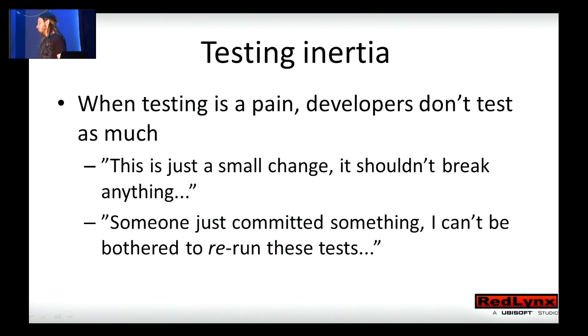So basically, people didn't test as much. They thought, it's just a small change, it cannot break anything, and they committed. And that creates a lot of problems in the end. You will have some small bugs that are not visible anymore, and they pop up, and that's not a good way to do it. You need to make testing easy in order to actually have some testing.